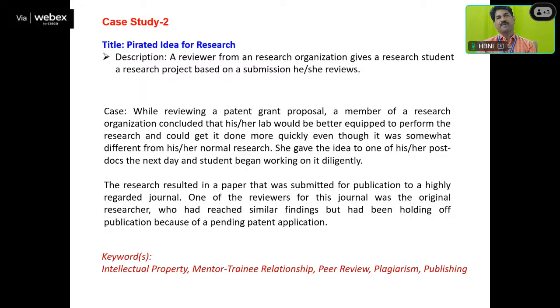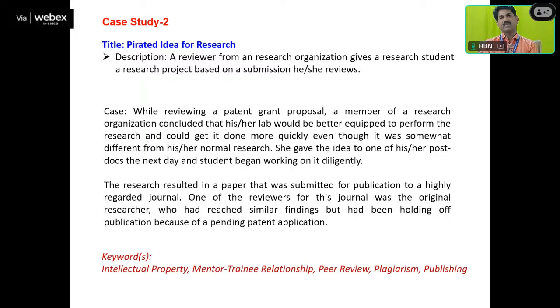So here what happened, the research fellow is also a reviewer of a particular patent, and during that reviewing he got the idea that if he can use this particular idea in his own research, then his lab is also in a better position to do the research work, and he or she can publish the work very quickly.